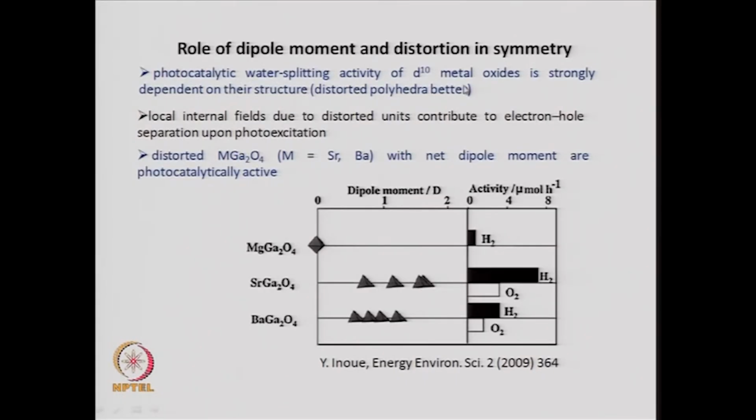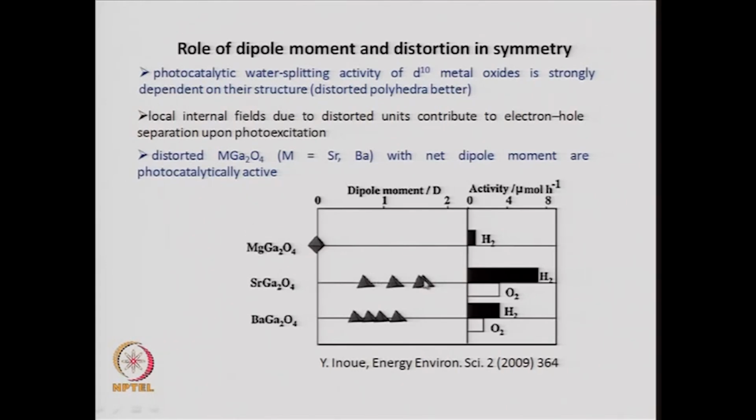Now, the activity for d10 metal oxides is strongly dependent on the distortion in their structure, and you can see that whenever you have a distortion, you will have local internal fields which will contribute to electron hole separation on photoexcitation. Now, distorted gallium oxide like this, which has a net dipole moment, was found to be photocatalytically active.